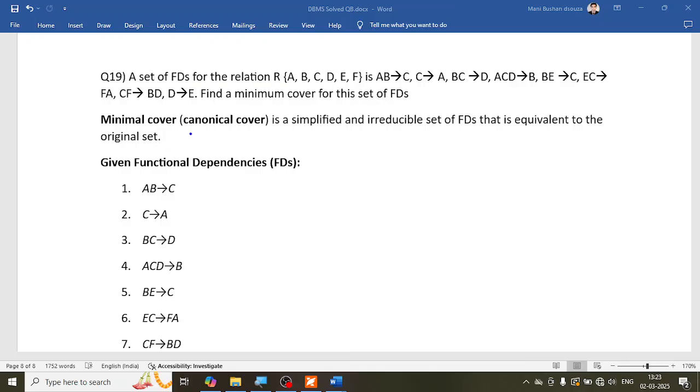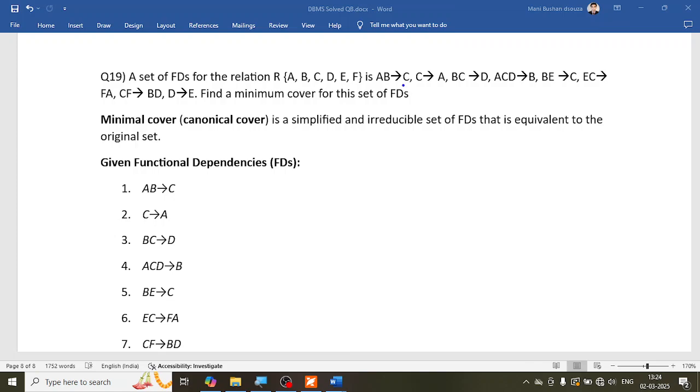So minimal cover or canonical cover, what is it? Canonical cover is a simplified and irreducible set of functional dependencies that is equivalent to the original set. In other words, a set of functional dependencies is given to you. Now, it may be possible for you to eliminate a few of the dependencies or fine tune a few of them, but still maintain the same equivalent relationship.